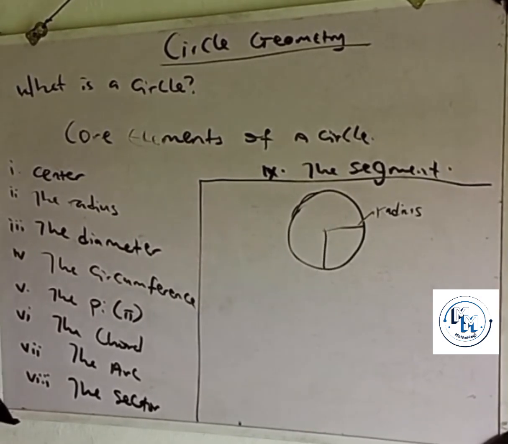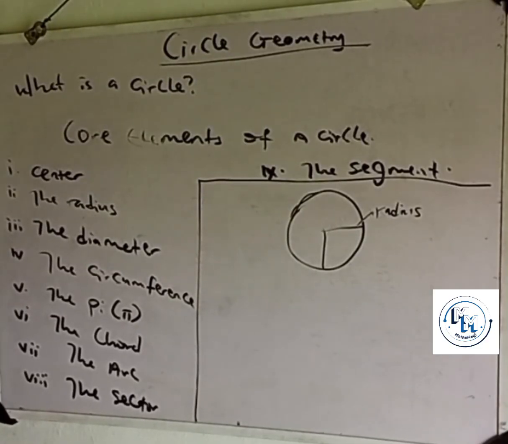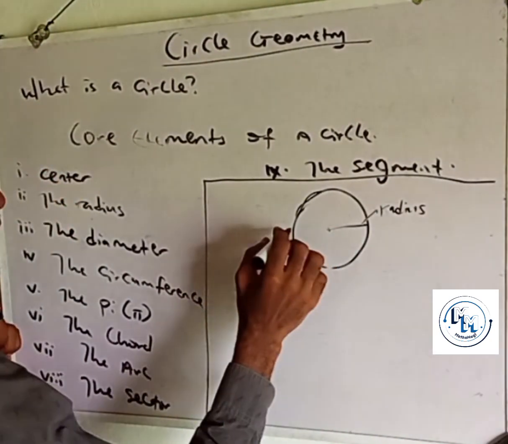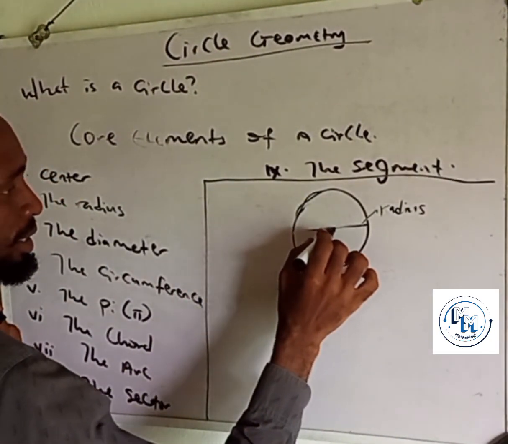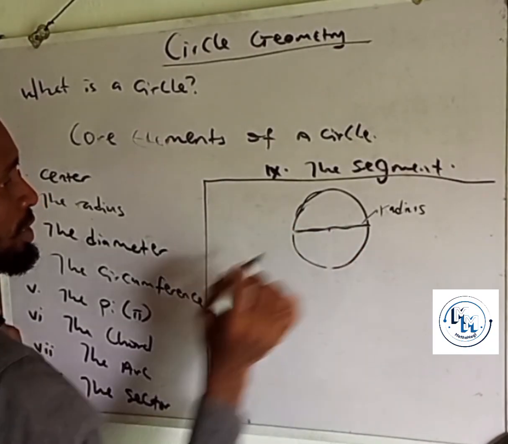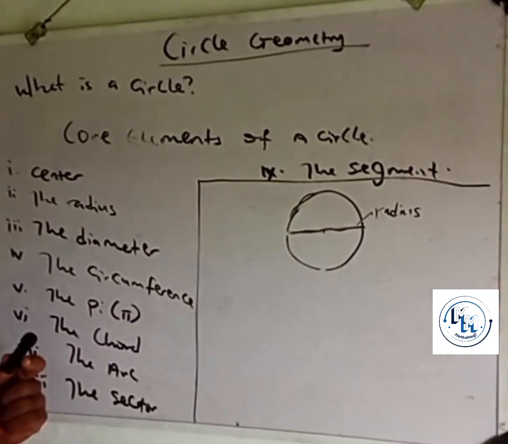Now also we have another thing in the circle we call the diameter. The diameter is a straight line that passes through the center of the circle and touches the two opposite ends of the circumference.